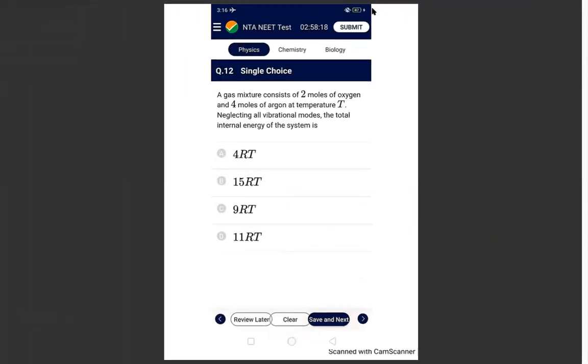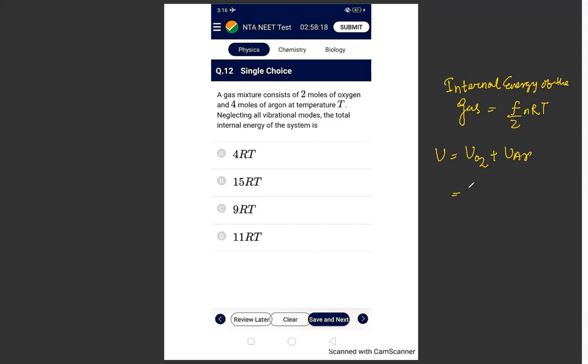Question number 12. A gas mixture consists of 2 moles of oxygen and 4 moles of argon at temperature T. So let's first find out the internal energy of the gas. Total internal energy of the system we are required to find out. Internal energy of the gas is equal to F by 2 nRT. Now we have to find it out for oxygen plus for argon.